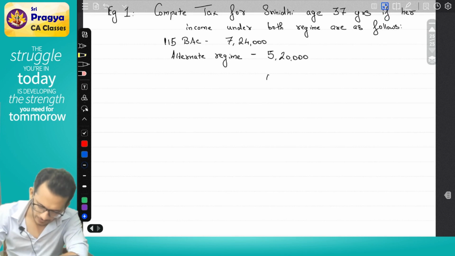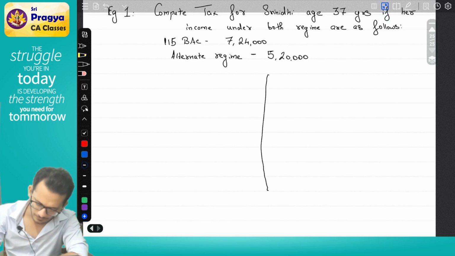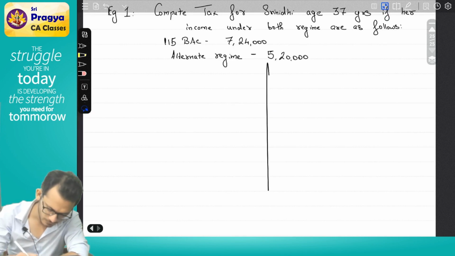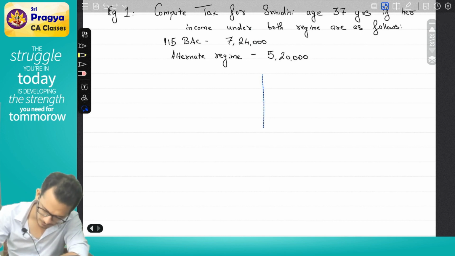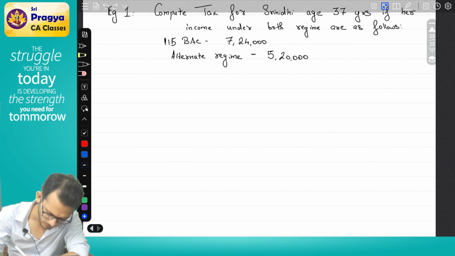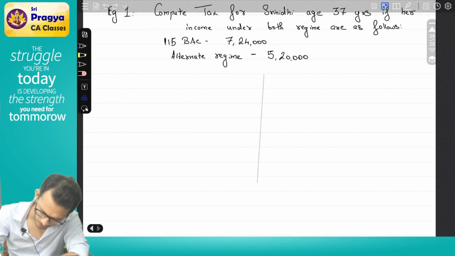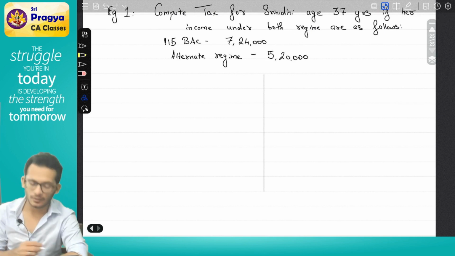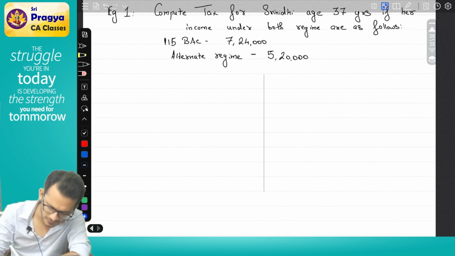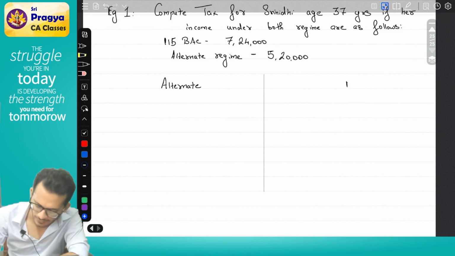I am creating one big column in the middle. On the left, I'm going to say alternate regime. On the right, I'm going to say 115 BAC.